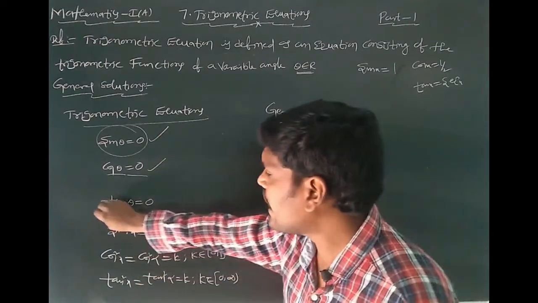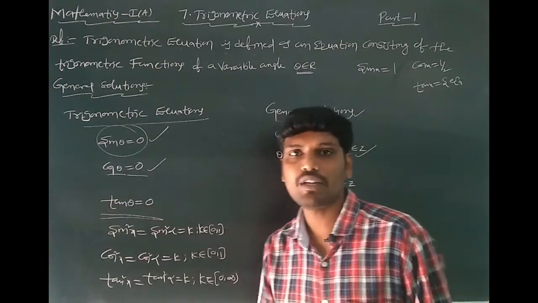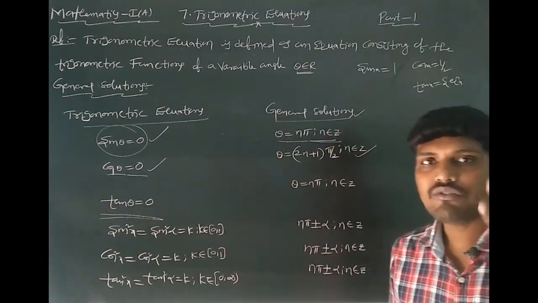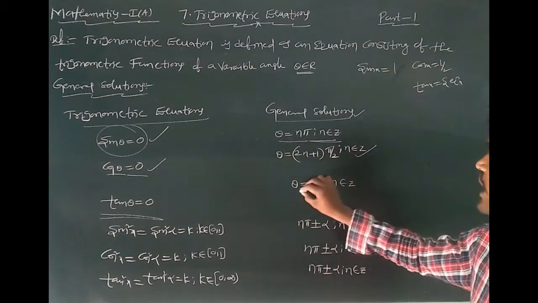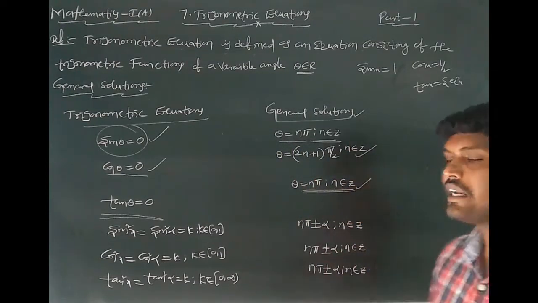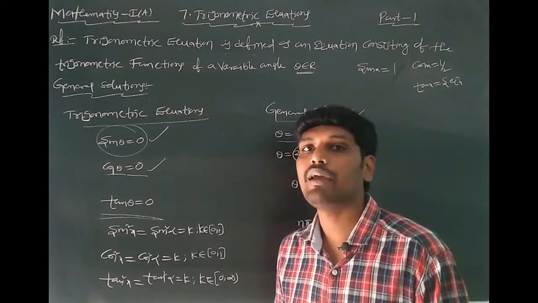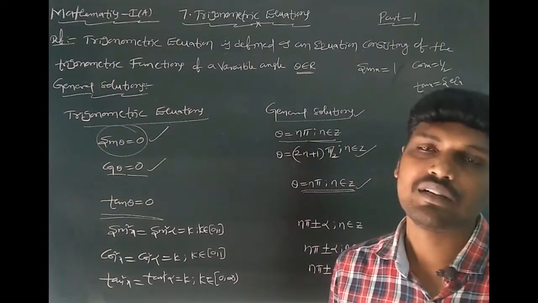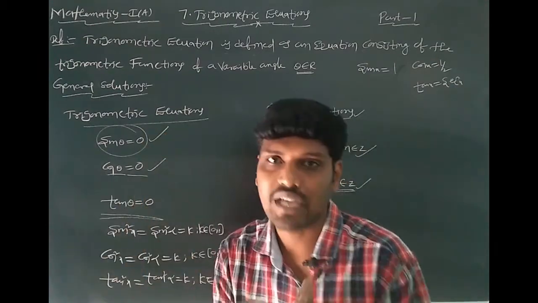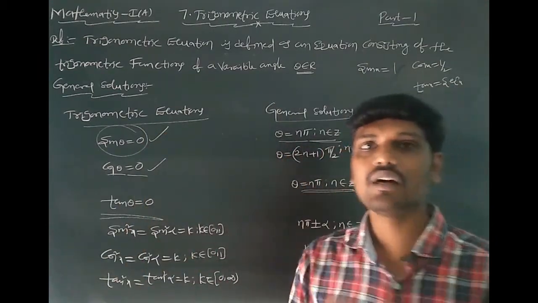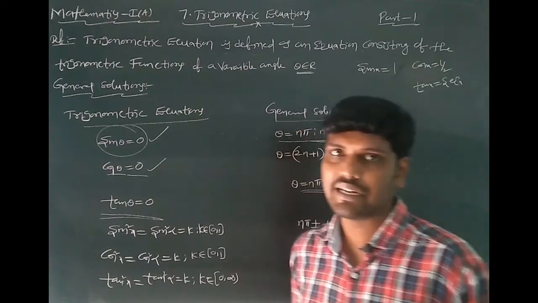The third form is tan theta equal to 0. If tan theta equal to 0, the general solution is theta equal to n pi, where n is once again an integer. These three are the forms with 0: sin theta equal to 0, cos theta equal to 0 and tan theta equal to 0.